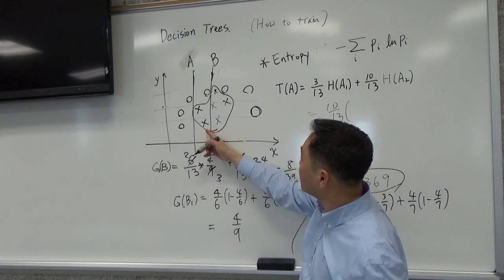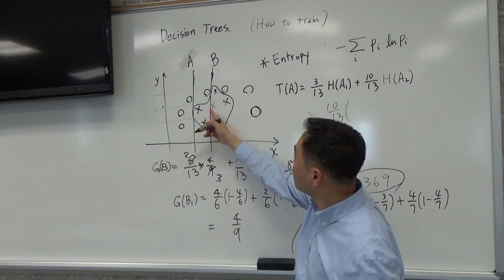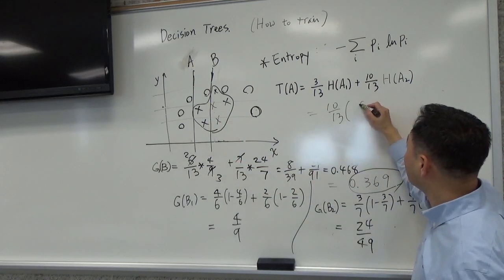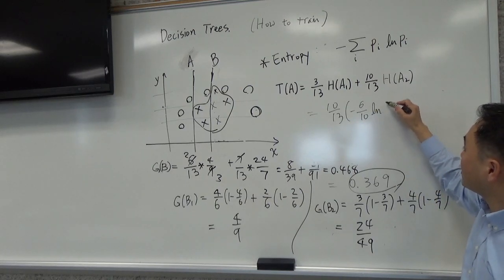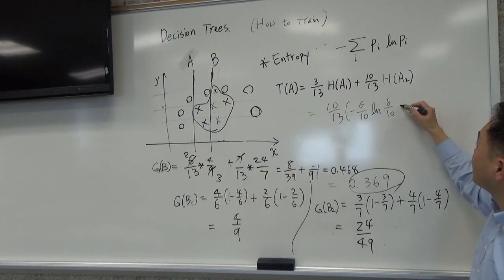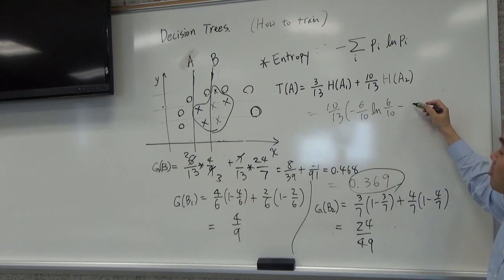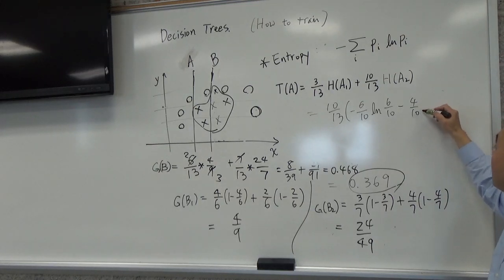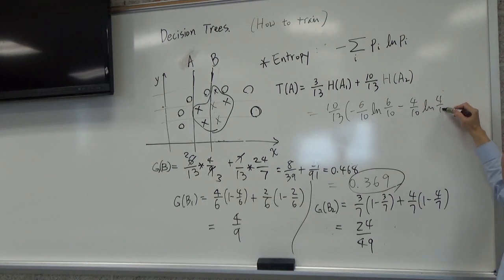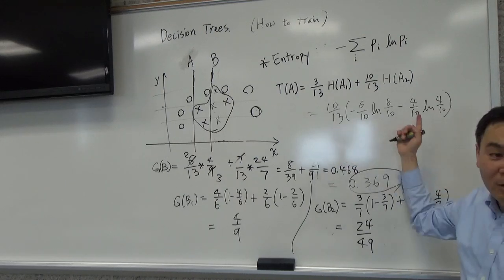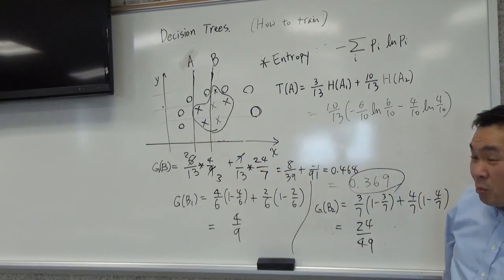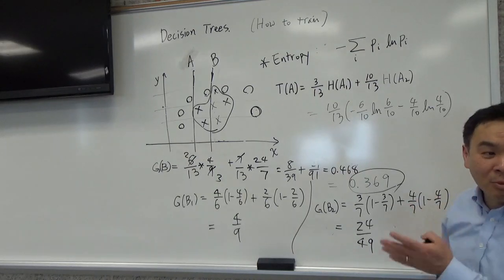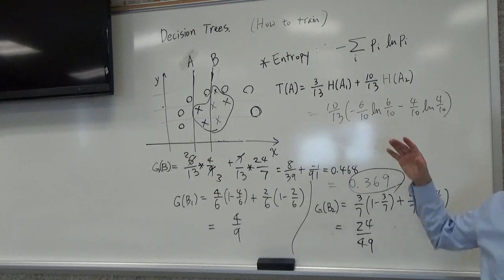One is 6 out of 10: negative 6 over 10, ln of 6 over 10, minus 4 over 10, ln of 4 over 10. So you can do this computation, and you can do the same thing for the cut point B, and then you can compare them, and you just use the one with the lowest entropy.